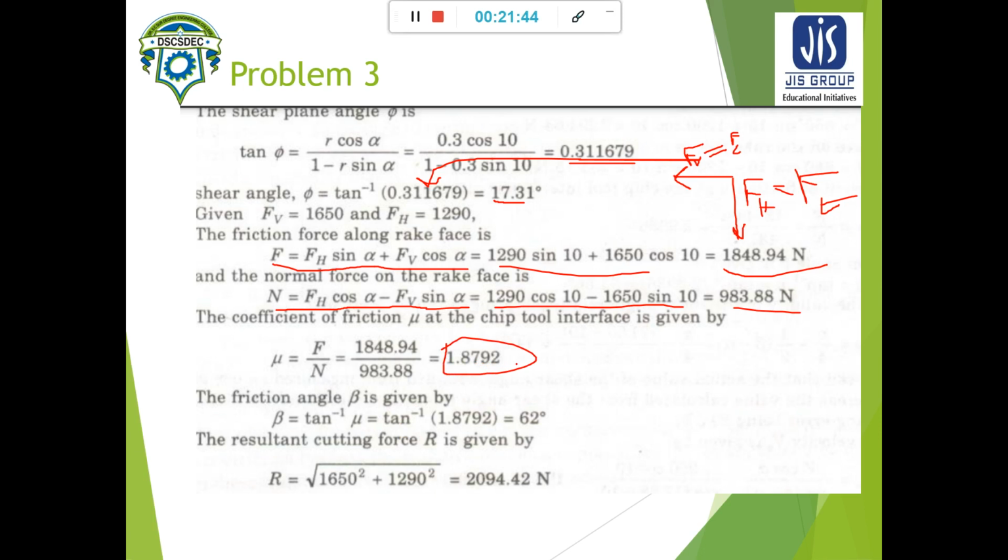The friction angle beta is given by tan inverse mu, and if we put in the value, the friction angle comes to be 62 degrees. The resultant is given by the vector resultant formula, the square root of FV square plus FH square.